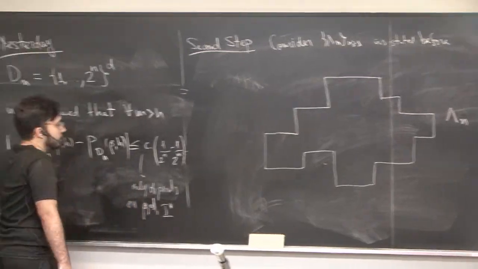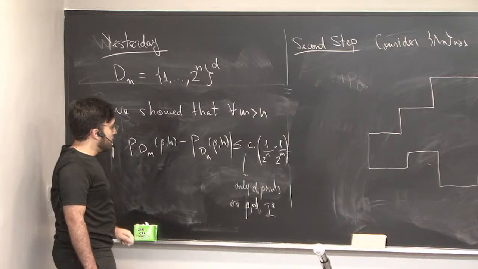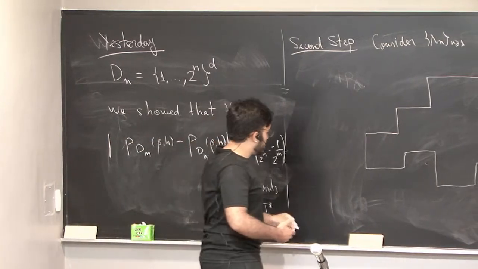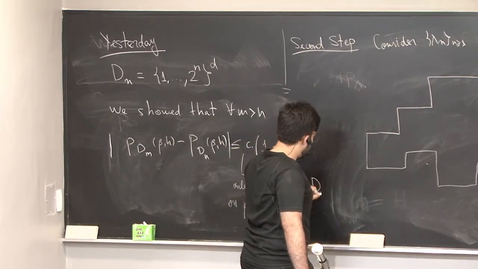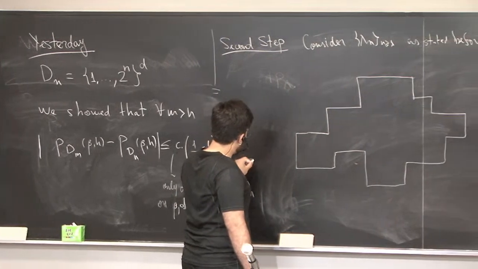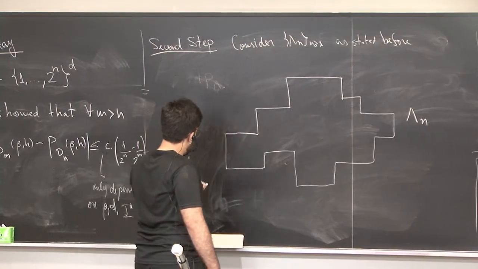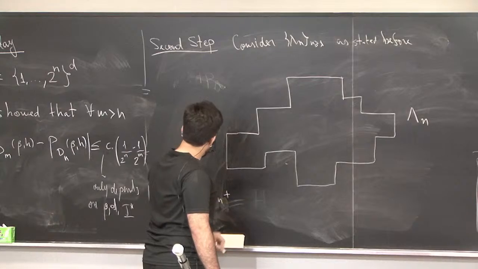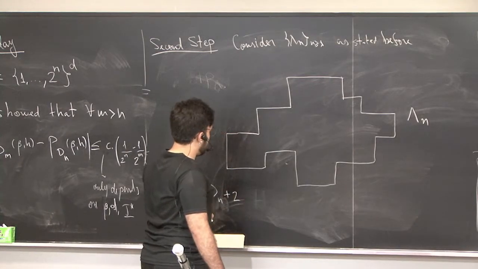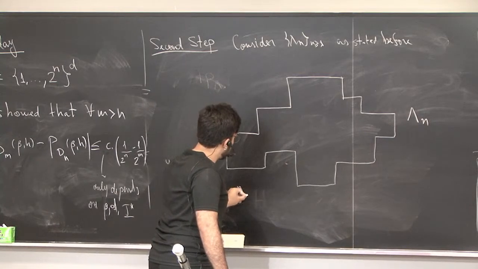Remember yesterday that we not only defined the cubes, the n, but we also defined a family of translates, given by taking a number y in ZD and translating every element in the n by 2 to the power n times y.